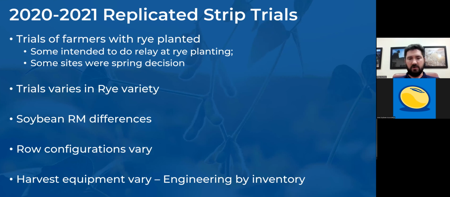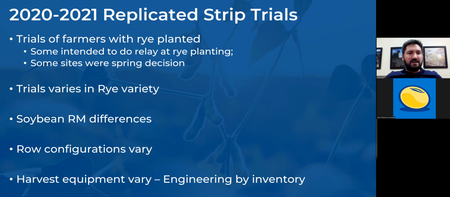What I convinced them to do is a replicated comparison and contribute the data. So they actually had that comparison on their farm of their sole crop soybean and the relay system in the same year. I say that to show that farmers came into this with different goals and at different levels of experience.